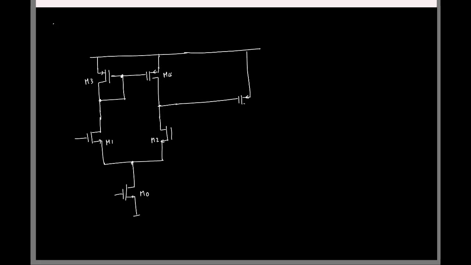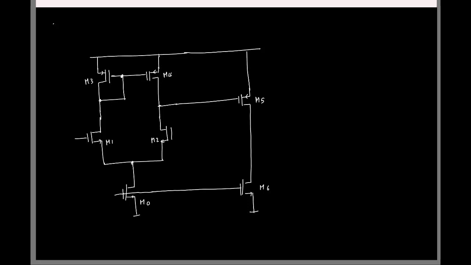At the bottom I'll have a current source. I'll realize that also as an NMOS transistor. And this current I can mirror from this one. So this is M0, let us say M5 and M6. So this is the first and second stage.